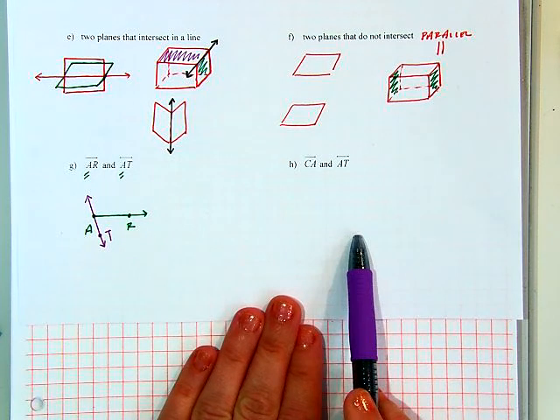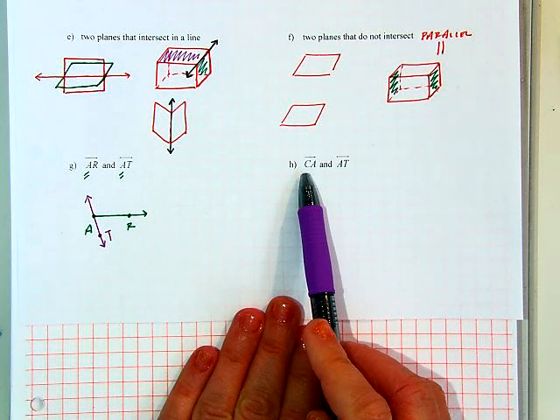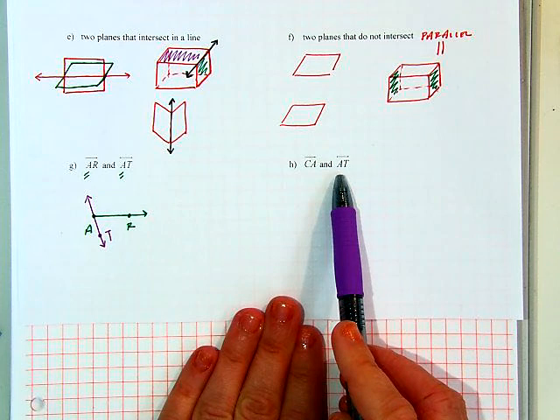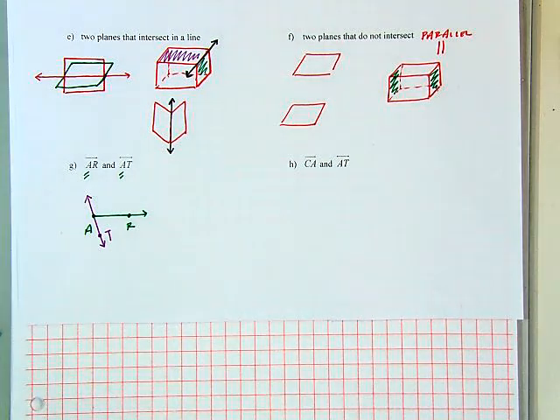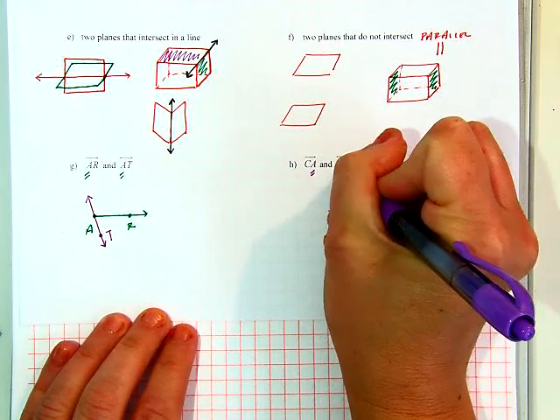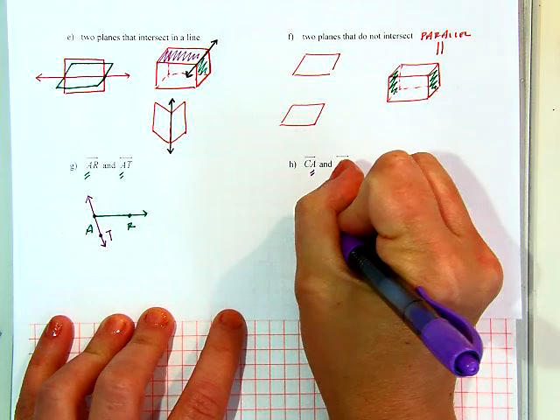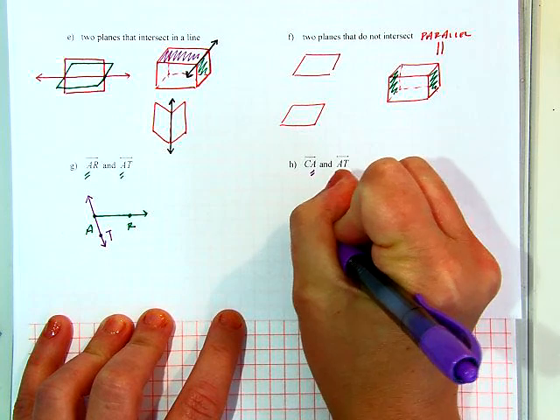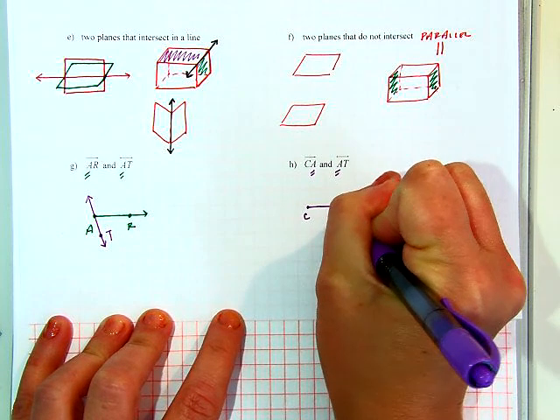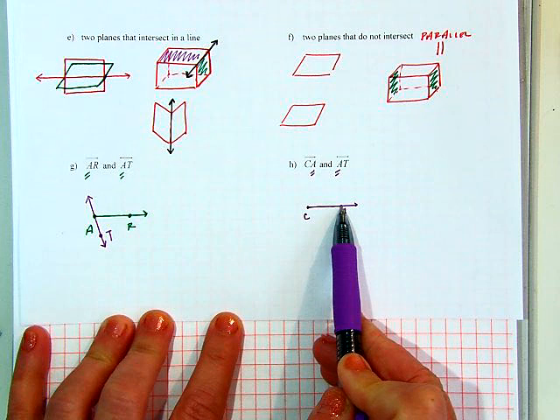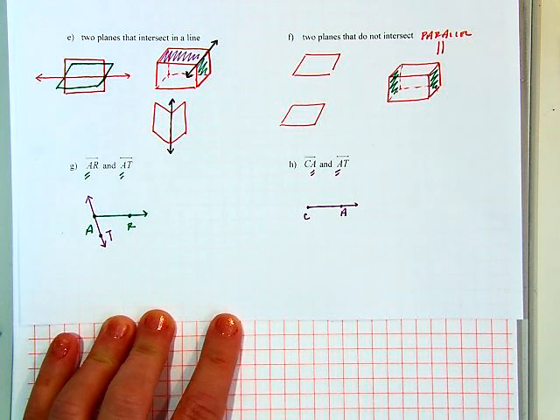Okay, last one for H. Here I see ray CA and line AT. So again, I see, oh, they share A in common. A must be the point where they overlap. So if I start with ray CA, here I have C, here I have A. So endpoint, point it passes through as it goes in that direction forever.